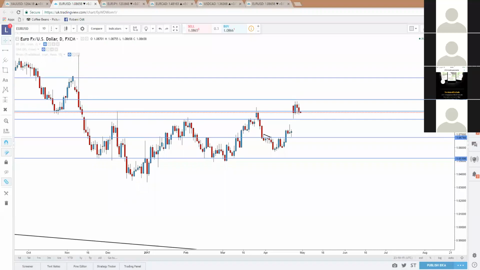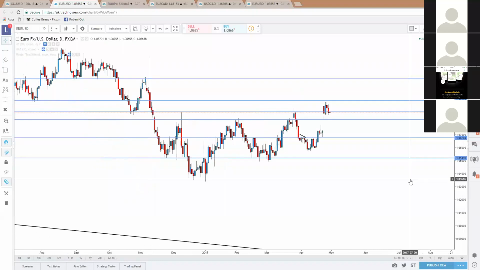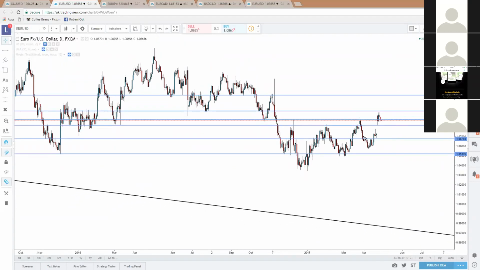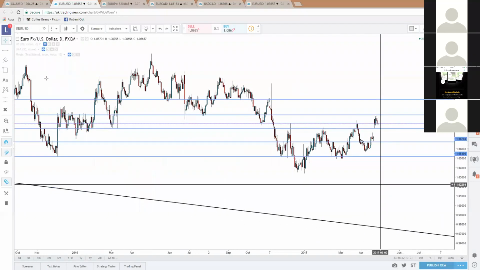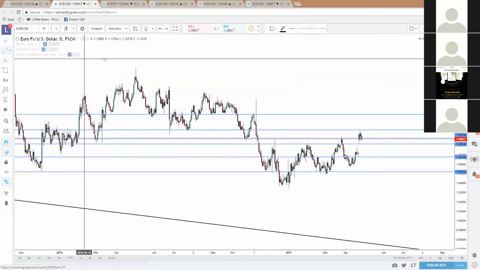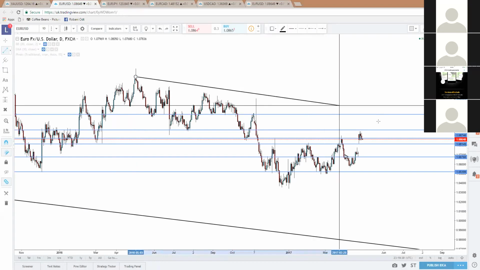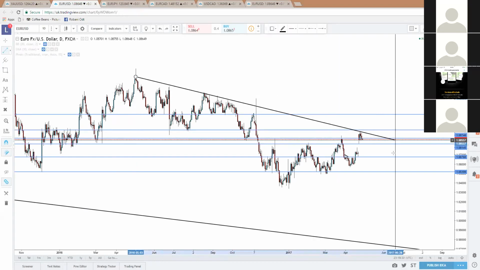Another reason why I would be targeting this area, these 100 pips, is that for this news to take it past, it has to be something very big. If you look here, we've got a major support.